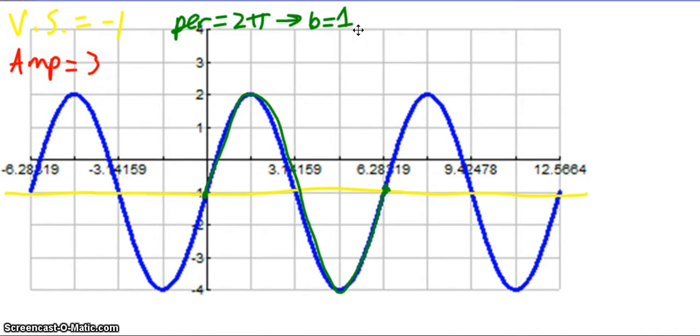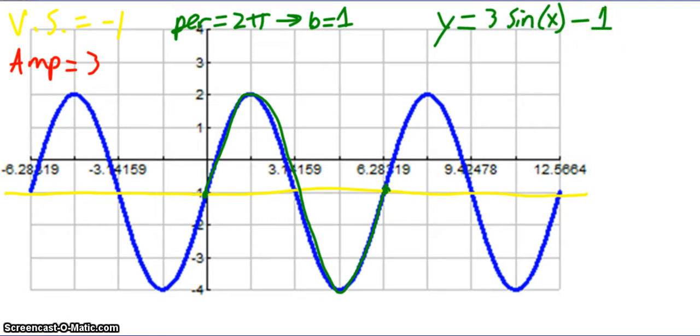So now I can go ahead and write my equations again. Again, the sine is going to be pretty easy because here I started at 0 on our axis. So the easiest sine equation to write would be y equals 3 sine of x, and then minus 1.